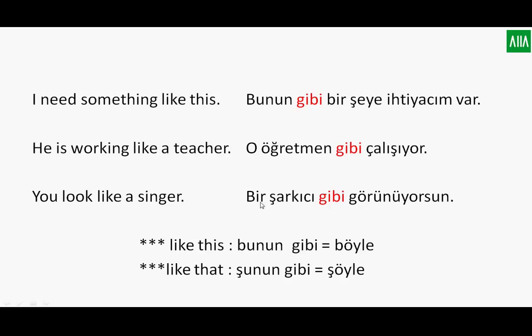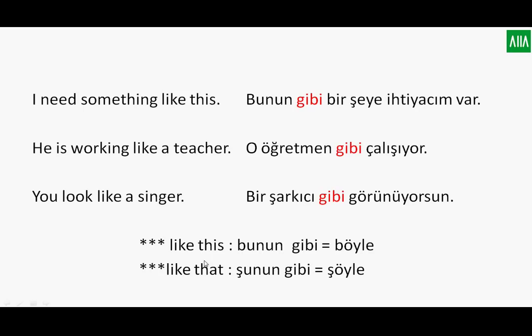Şarkıcı means singer. You look like, or you can say you seem, a singer. All right, let's repeat one more time. Bunun gibi bir şeye ihtiyacım var. O öğretmen gibi çalışıyor. Bir şarkıcı gibi görünüyorsun.